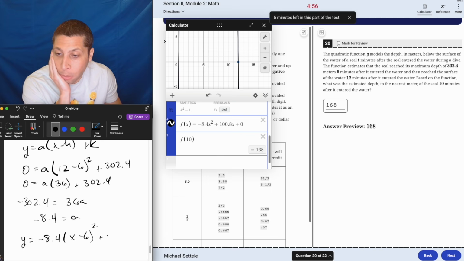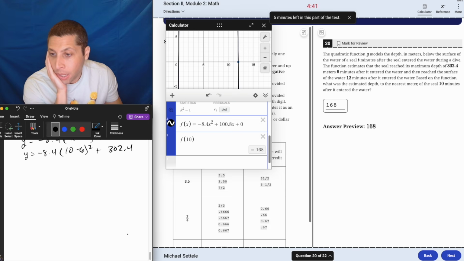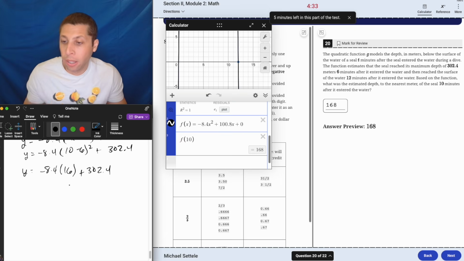Now I have the full equation, which is y equals negative 8.4 times x minus 6 squared plus 302.4, and I want to know what's going on at 10 minutes. So y is equal to negative 8.4 times 10 minus 6 squared plus 302.4. So y is equal to negative 8.4 times 4 squared, which is 16, plus 302.4.